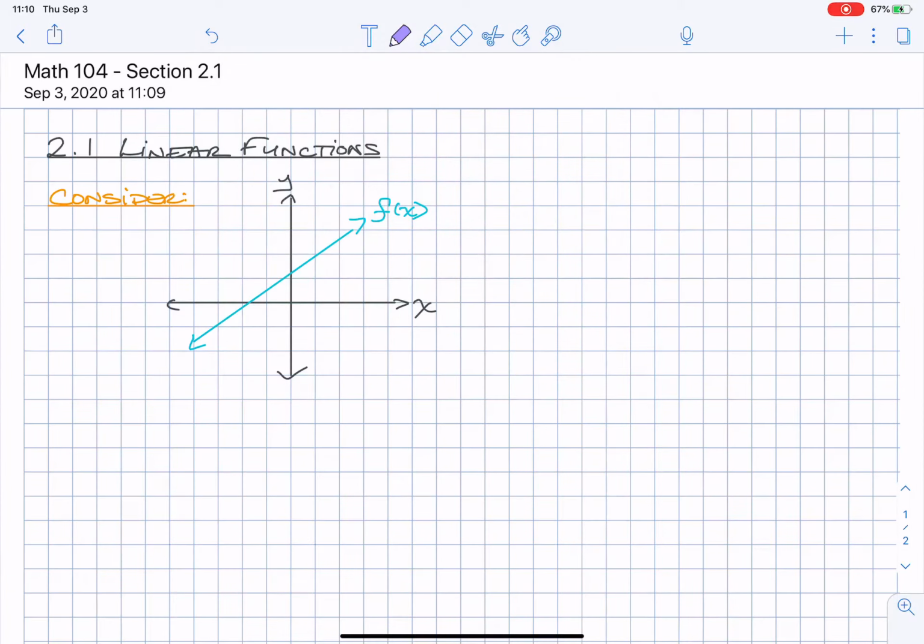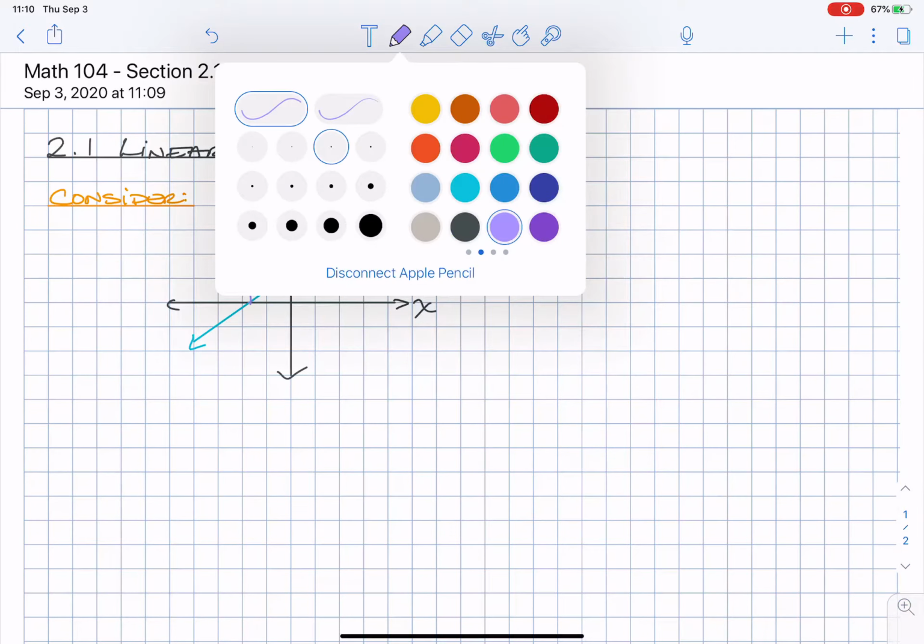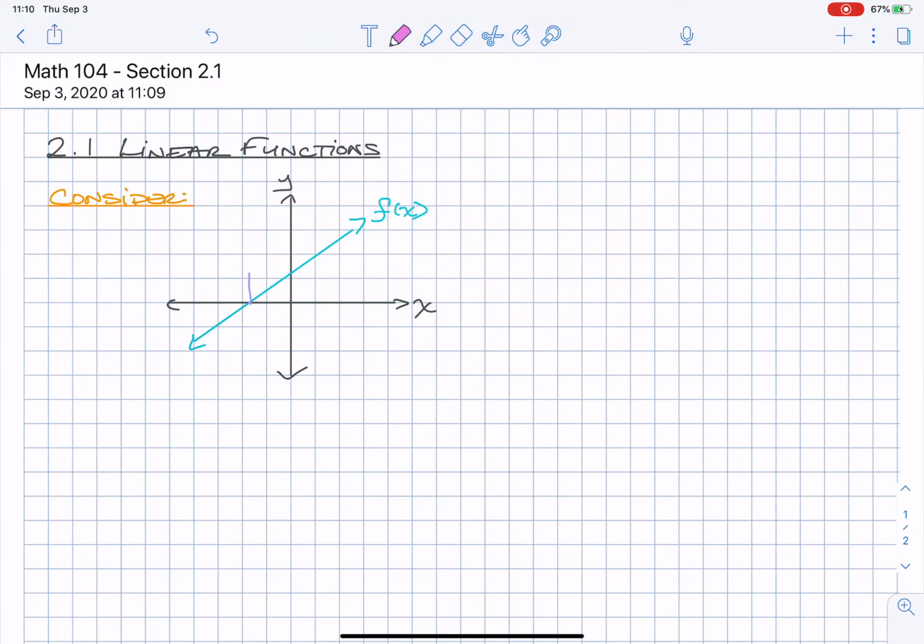Namely, if I rise, I'm going to have to draw this over the run from one point to the next. So say I have one point here and one point here.